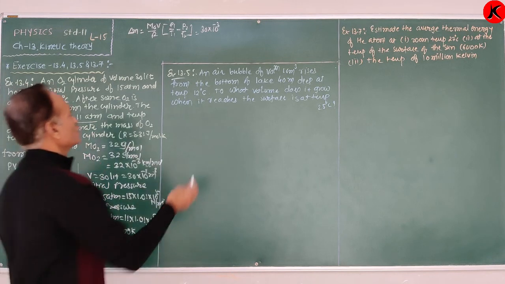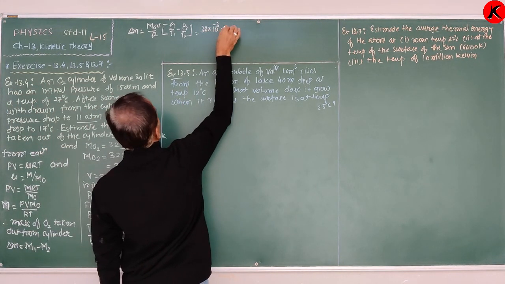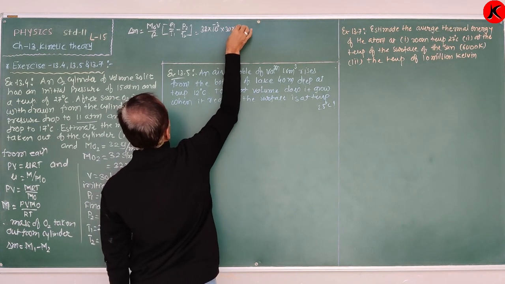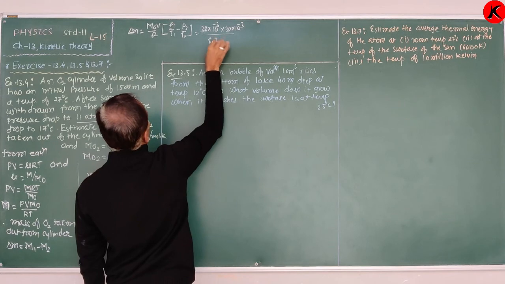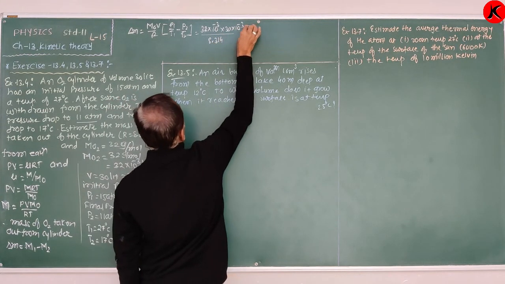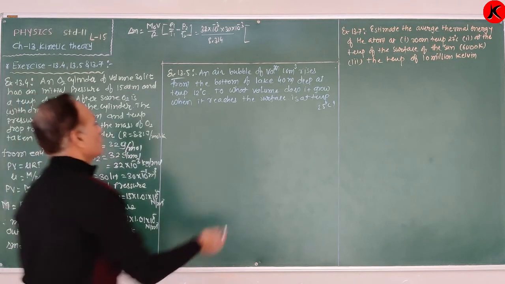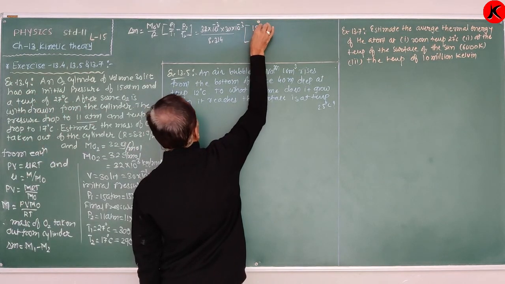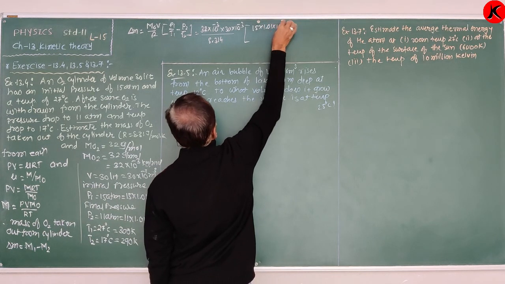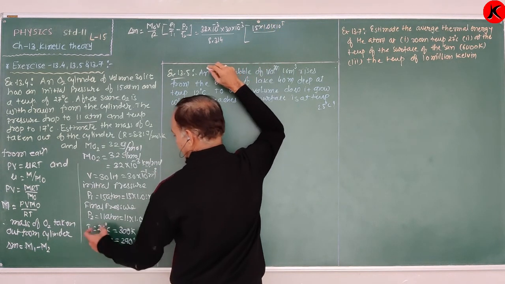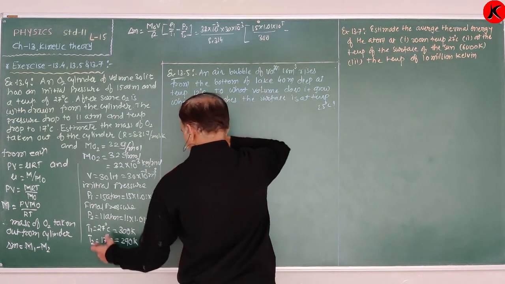M0 is 32 into 10 raised to minus 3, into 30 into 10 raised to minus 3, upon R 8.314, into bracket P1. P1 is given as 15 into 1.01 into 10 raised to 5 upon T1, T1 is 300, minus P2.